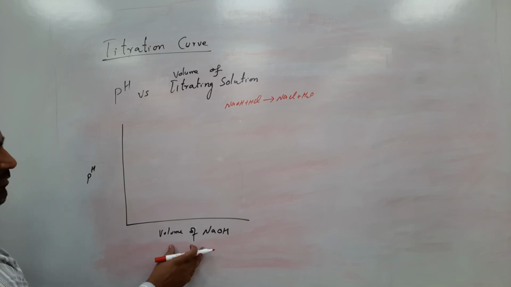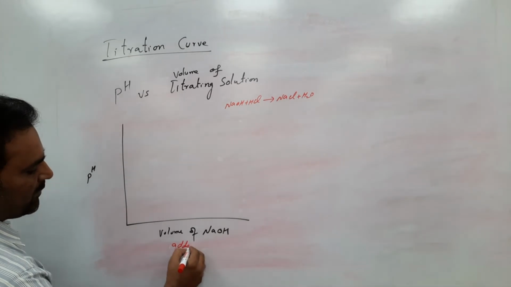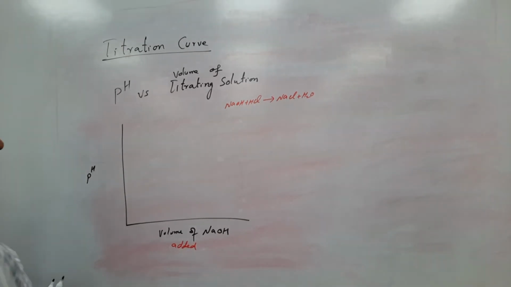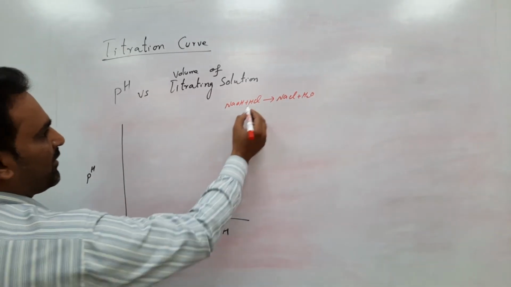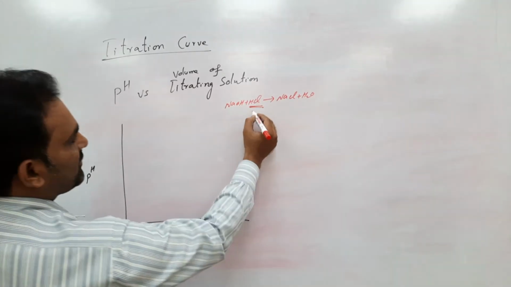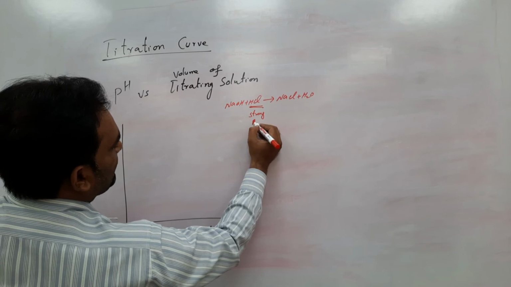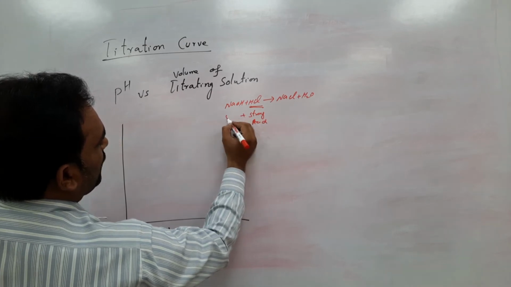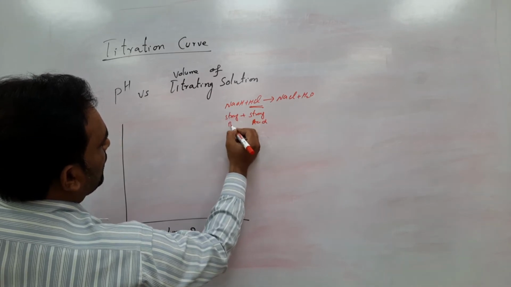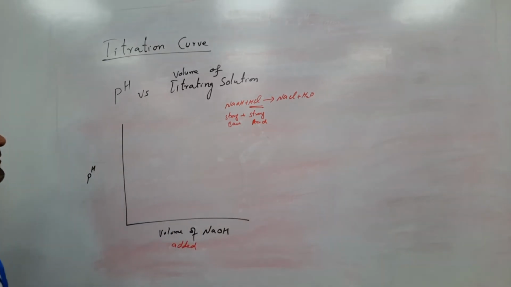Here you have the volume of NaOH added, and in the reaction mixture you have an acid. This is a strong acid, and here you have a strong base. Now what will happen? You have a strong acid and a strong base, and you are going to titrate.